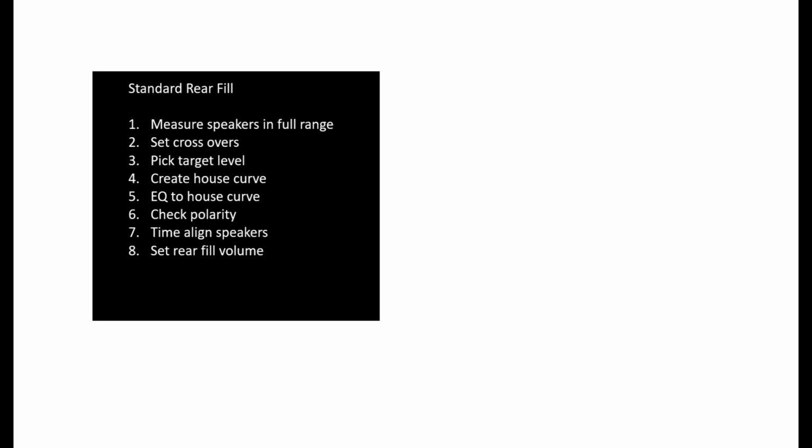And then I go and set the crossovers. Now, as I said, for the high pass crossover, I don't tend to set it any lower than 200 Hertz. 250 is normally where I put that crossover. And on the low pass, I let the speakers generally play as high as they can, just putting a bypass in on the low pass crossover.